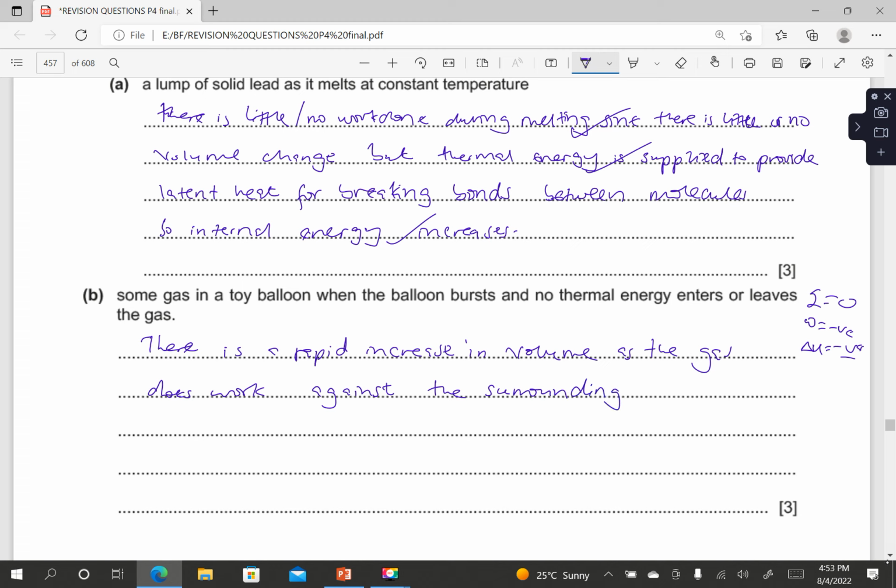And by the way, I want to put this in brackets: the work done is negative. So the change in internal energy is also negative, so I simply say internal energy decreases.